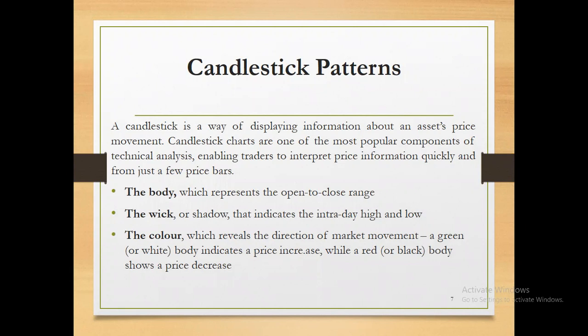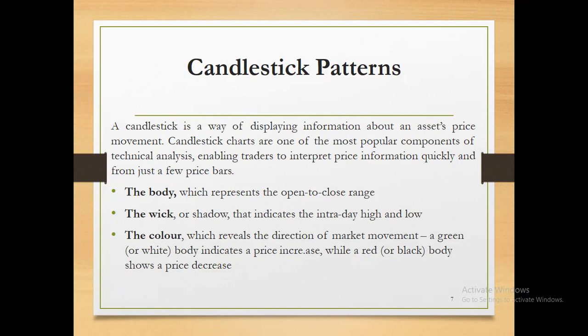So the body represents the open to close range. The wick, or shadow as it is sometimes called, represents the intraday high and low, where the market moves to after opening and retraces back into the body, and where it got to and retraces from before it closed.